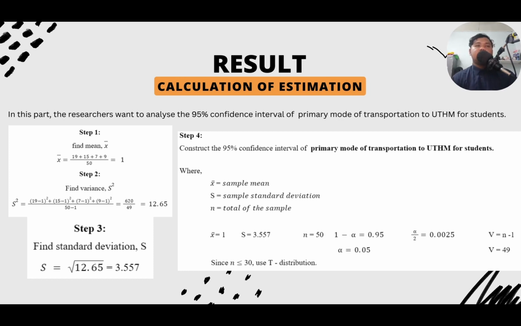Next, step 2 is find variance, which is s power of 2.